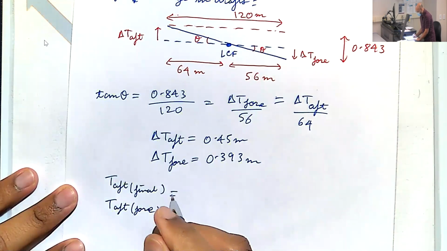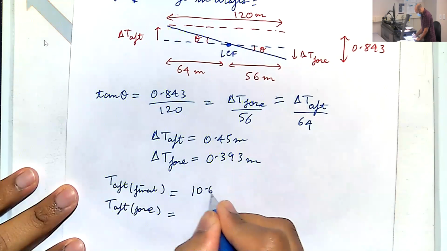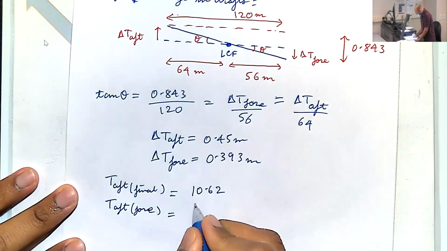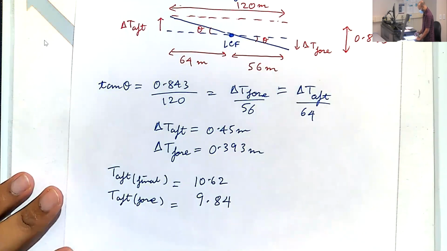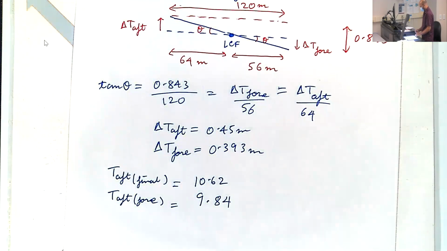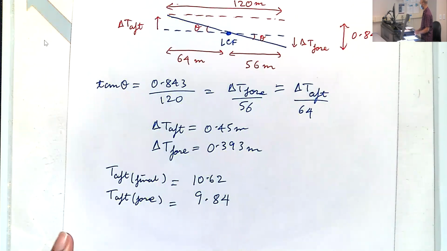Okay, what was initial? 10.62, 9.84. All right. So which one's plus, which one is minus? Where do we add? Where do we subtract?